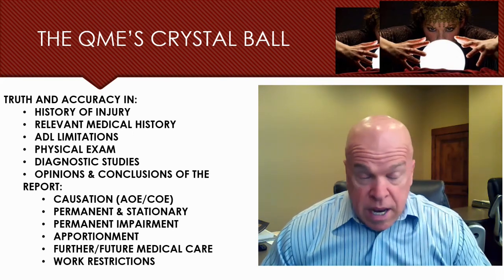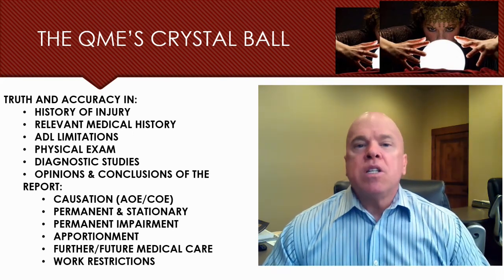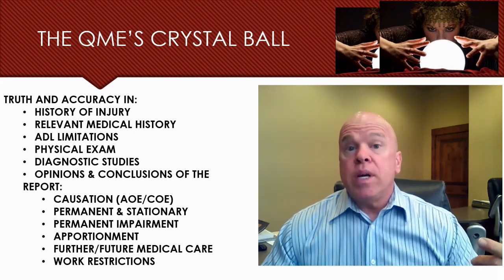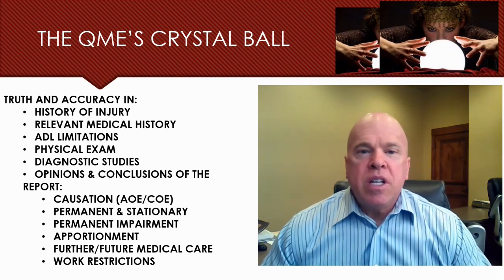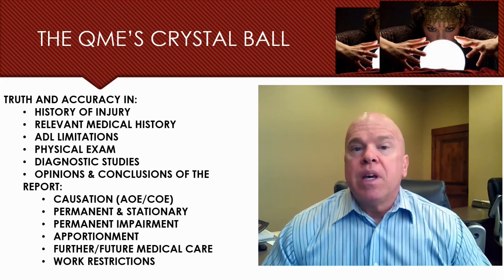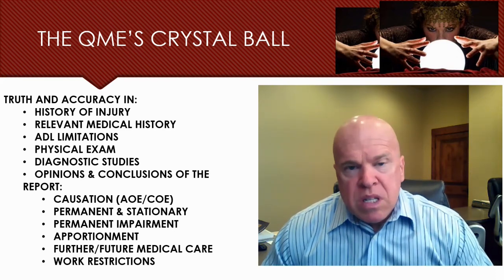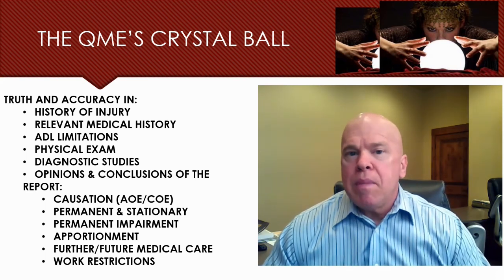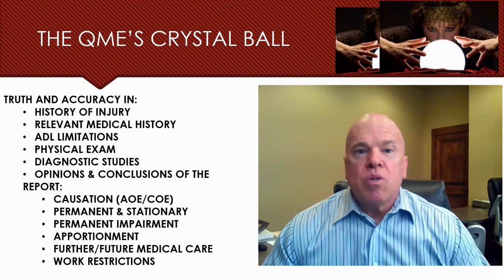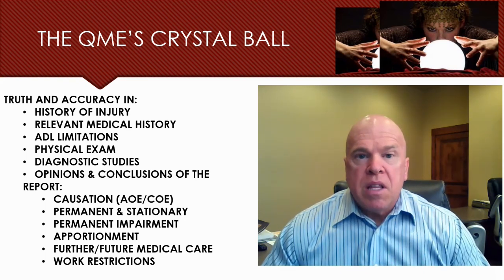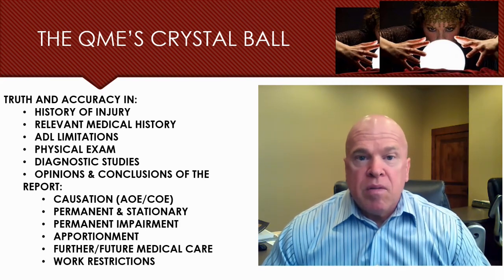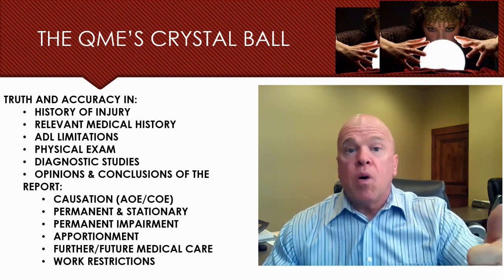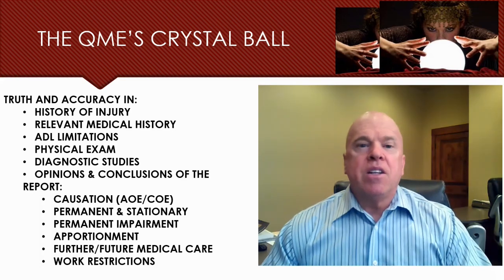And we spent the first 3 sessions of this program largely talking about how to arrive at opinions and conclusions on the AOE-COE determination, especially in those cases that involved a denied claim. And these denied claims represent a unique species of claim here in the California workers' compensation system, wherein we have many, many examinees coming to us with denied claims, wherein the opinion that's required of us as the qualified medical evaluator is an opinion on industrial causation, an opinion either for or against industrial injury.